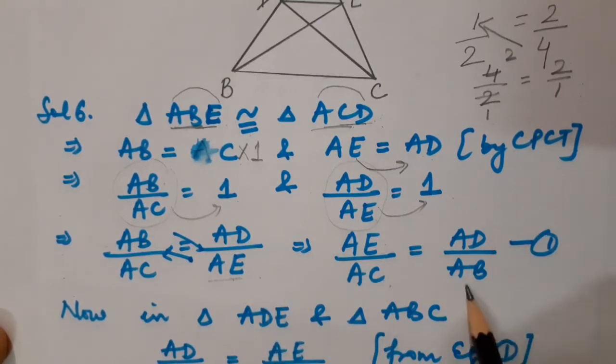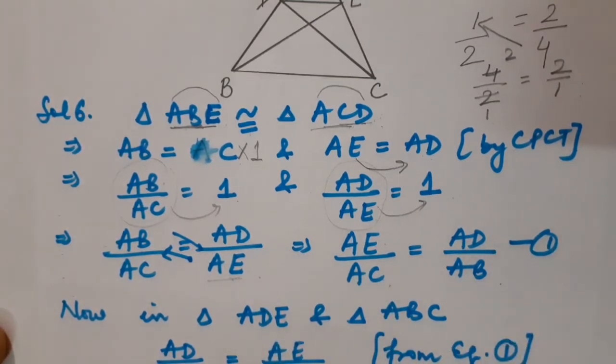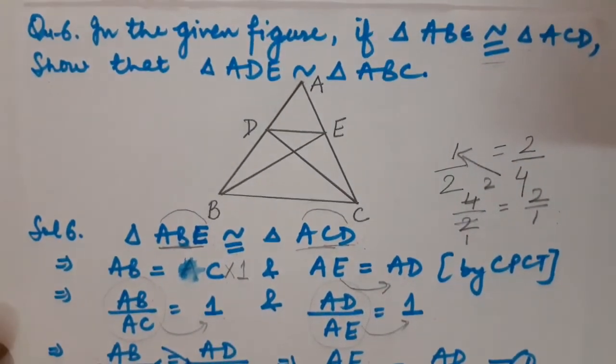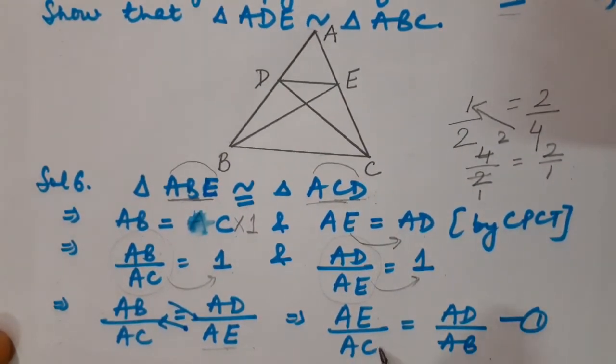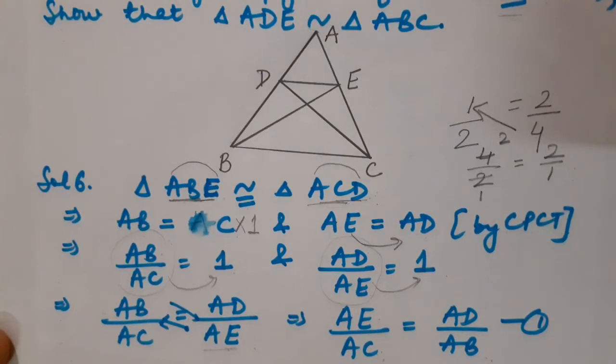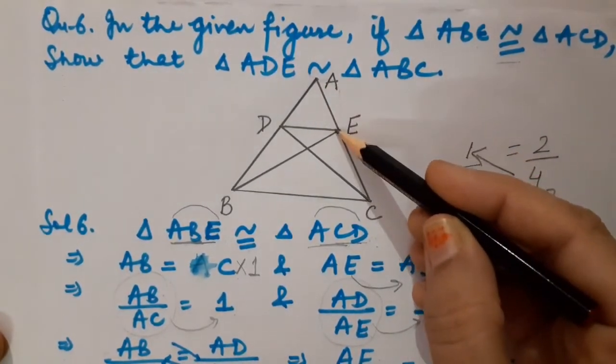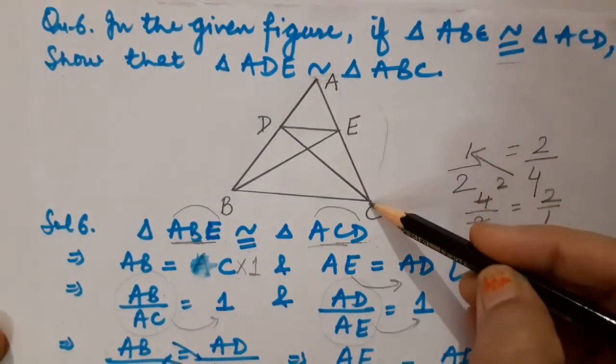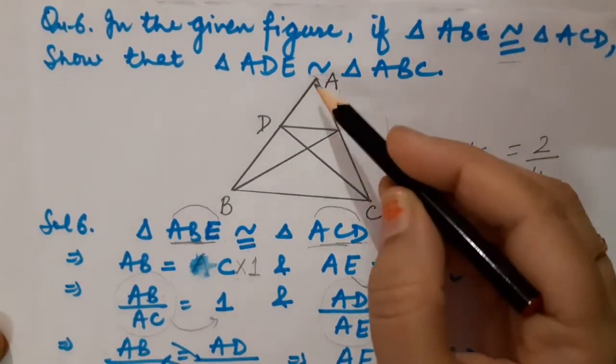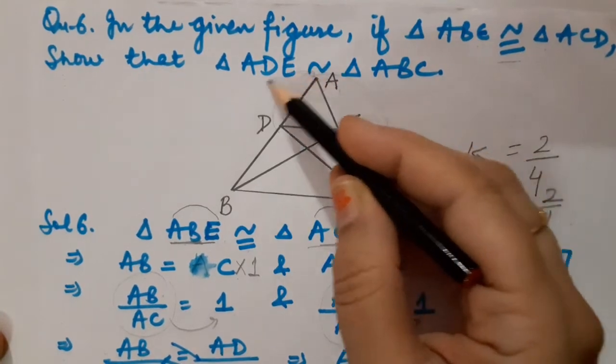It would become AD upon AB. Now let us check the relation. It should be AE upon AC is equal to AD upon AB.